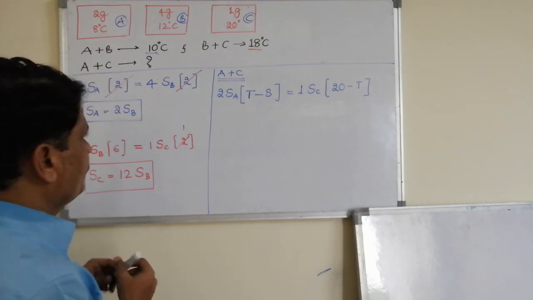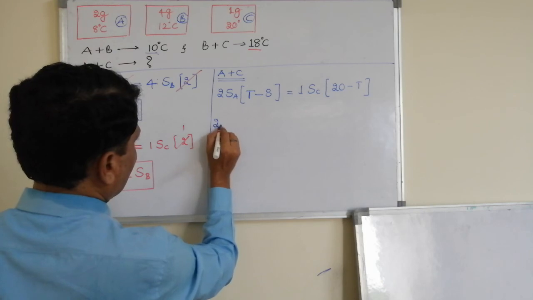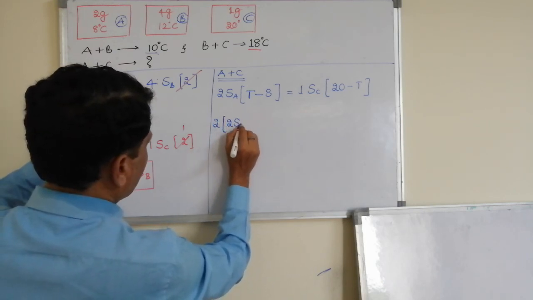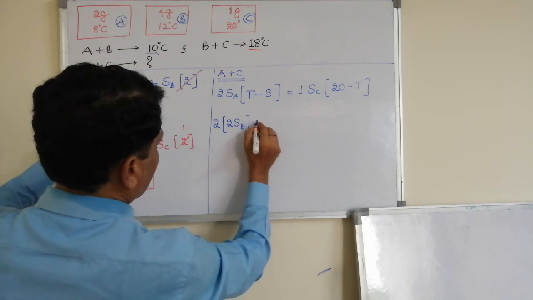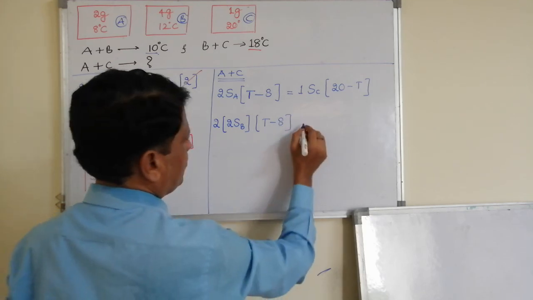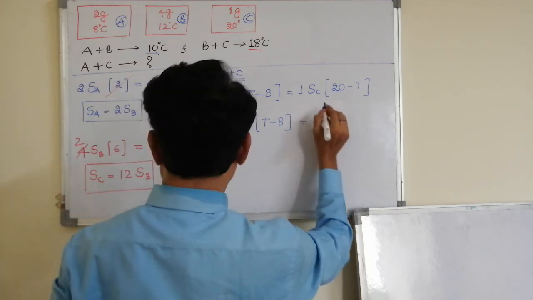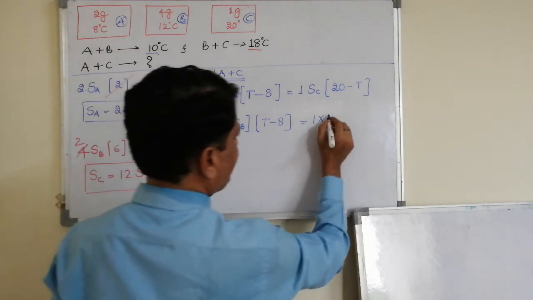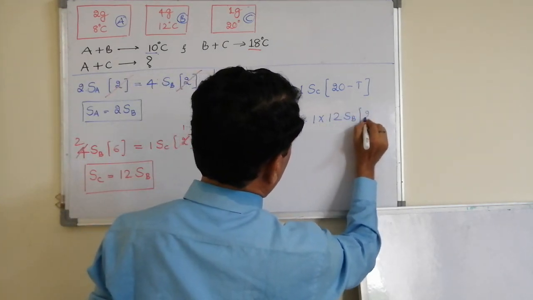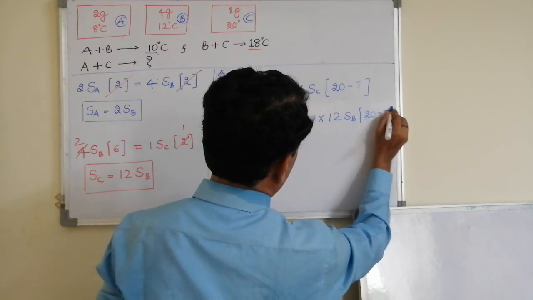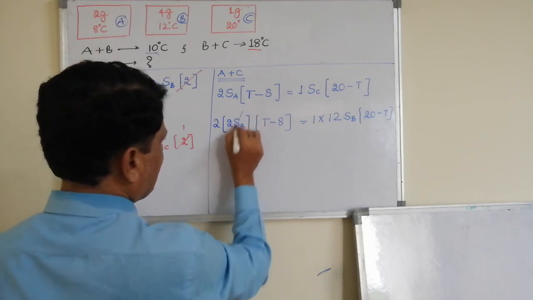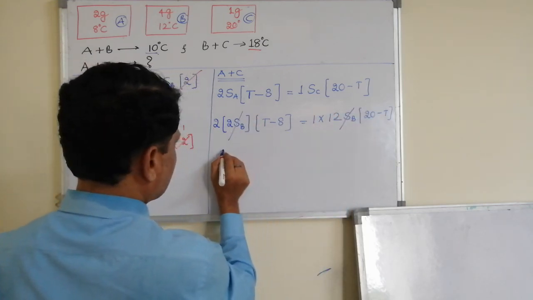So 2 into SA is nothing but 2 into SB, in bracket T minus 8, is equal to 1 into SC, which is nothing but 12 SB, in bracket 20 minus T. Then after simplification, SB and SB get cancelled.